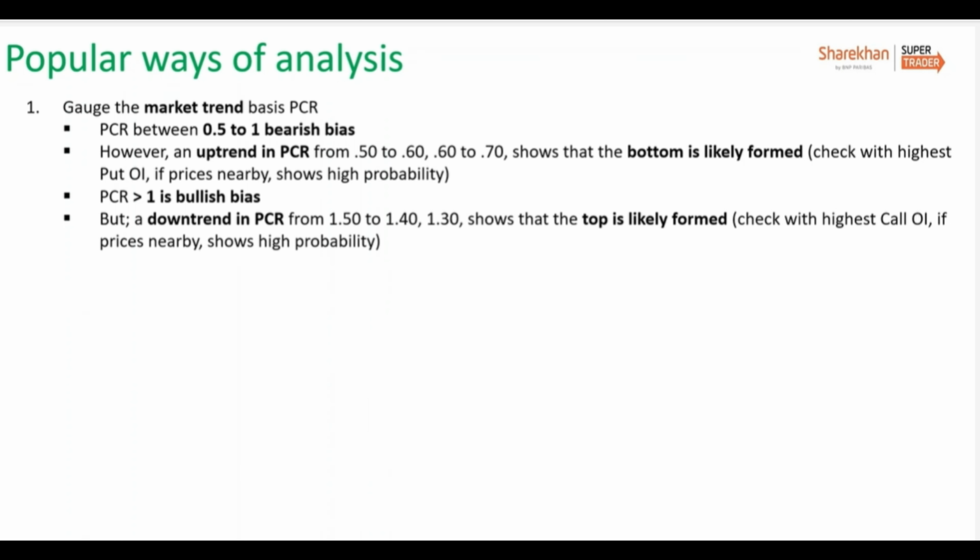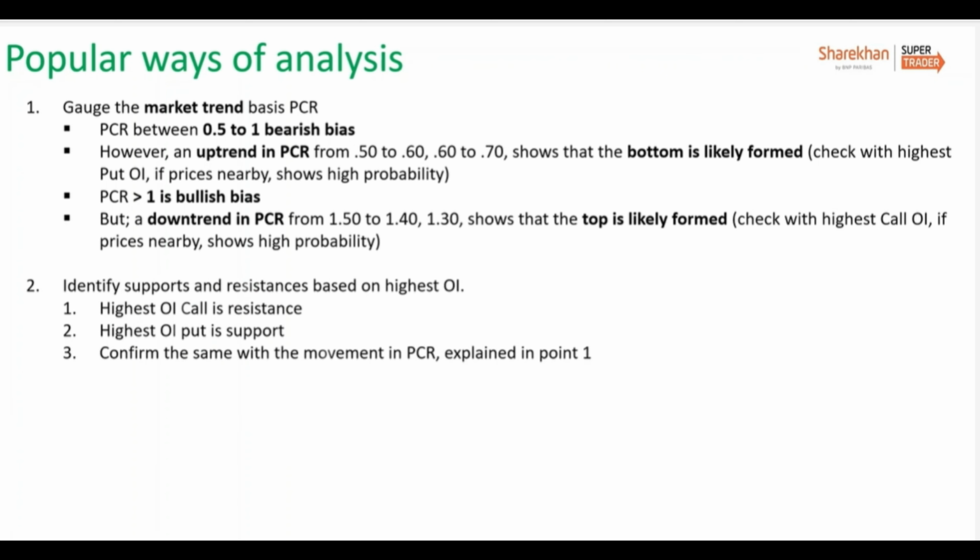Okay. And PCR जो है, it is in an uptrend. I saw around 11:15 it was 0.5, it was 0.74 when we looked at it some time ago, and now currently it is 0.75. Okay, so market trend तो बना लिया.